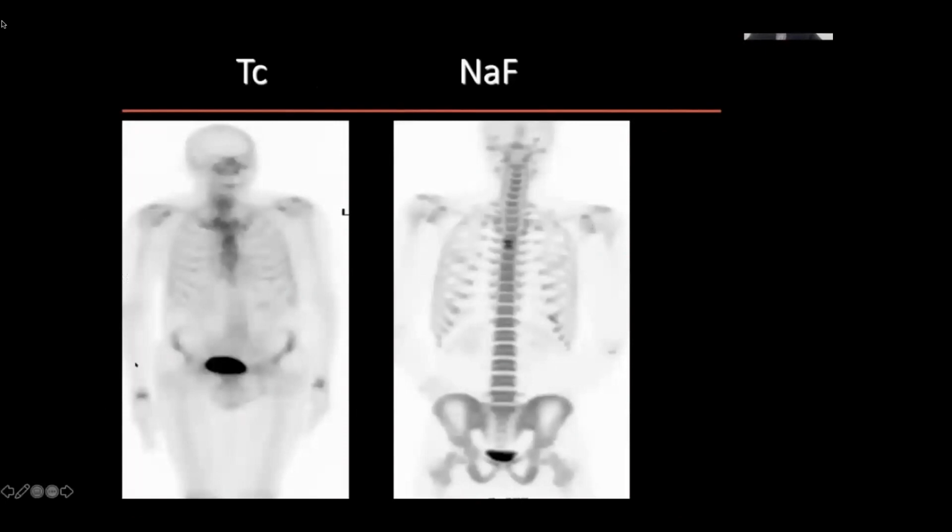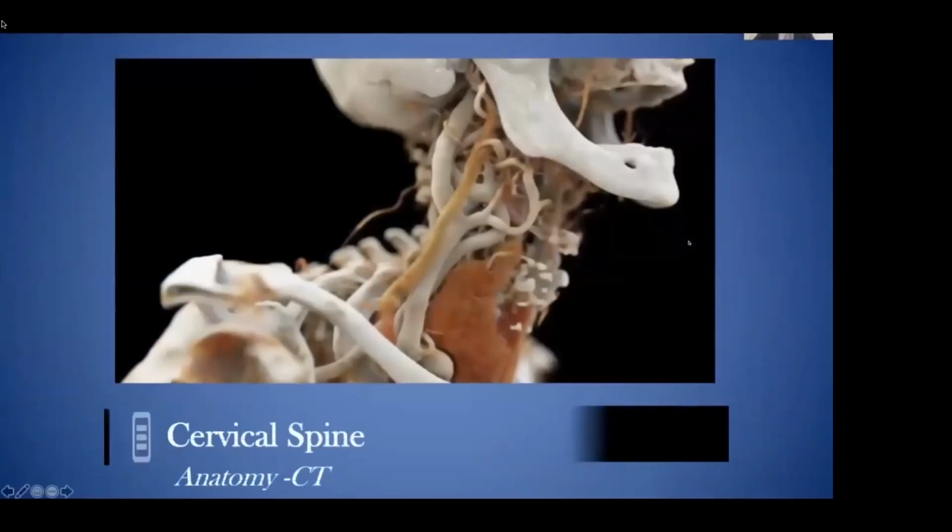And you can see the difference here between the typical appearance of a technetium bone scan and the typical appearance of a sodium fluoride PET CT, which is kind of the bone scan on steroids. And yeah, in both instances, you're really looking at bone turnover.